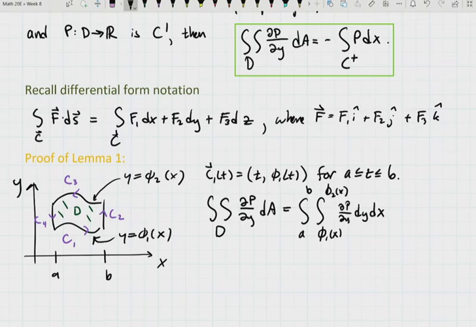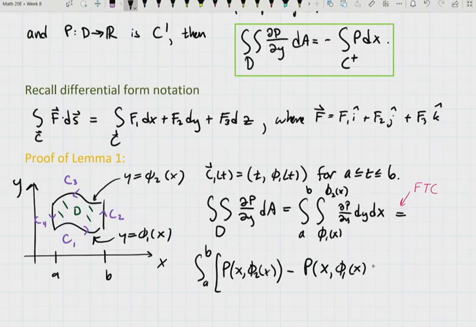I can cancel out the 2 derivatives. I'm integrating a y derivative, but I'm integrating it with respect to y. So this is exactly where the fundamental theorem comes in, that this is the integral from a to b of P(x, phi2(x)) minus P(x, phi1(x)).